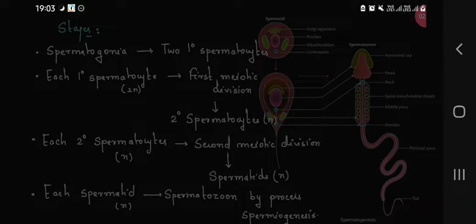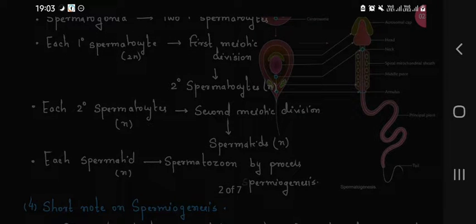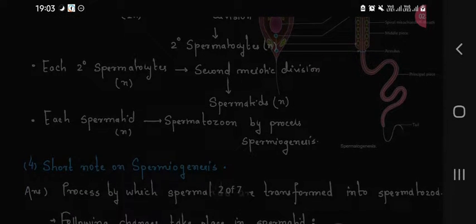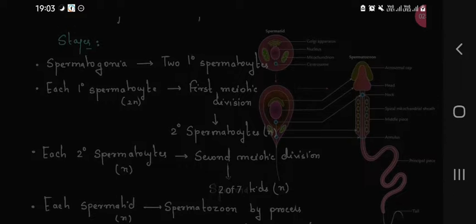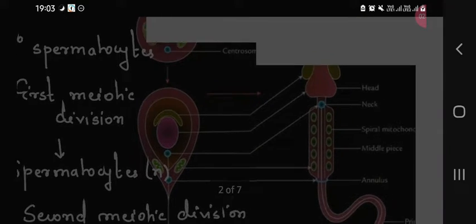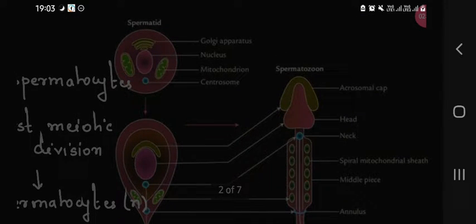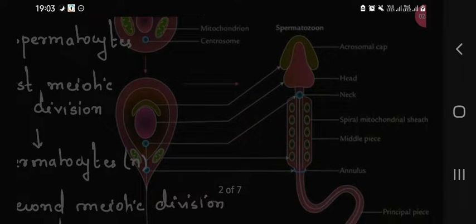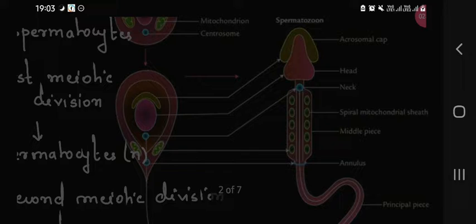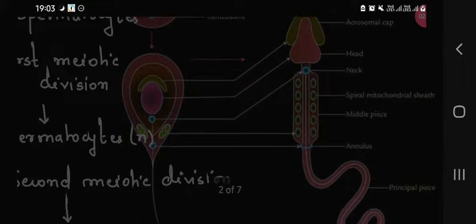Each spermatid is transformed into spermatozoa by process of spermiogenesis. So here you can see Golgi apparatus, nucleus, mitochondria, centrosome, spermatozoon, acrosomal cap, head, neck, spiral mitochondrial sheath, middle piece, annulus, principal piece.